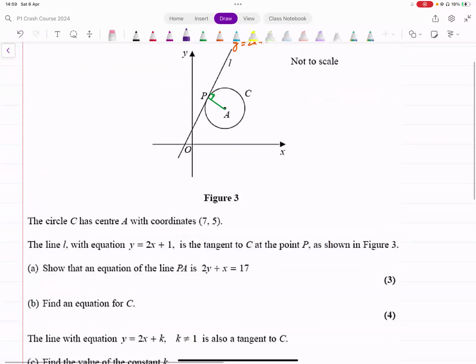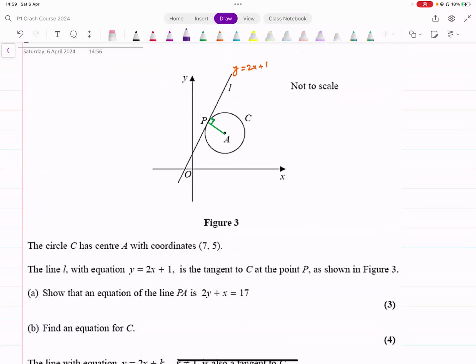And you also know that line L has this equation, y equals 2x plus 1. If this is the equation of that line, what's the gradient of this line? If you compare it with y equals mx plus c, in place of m, you've got 2.